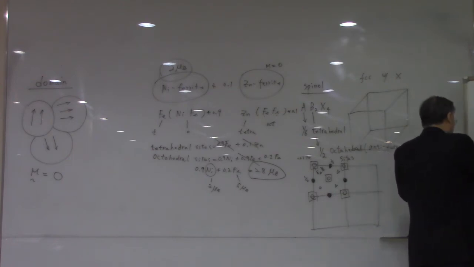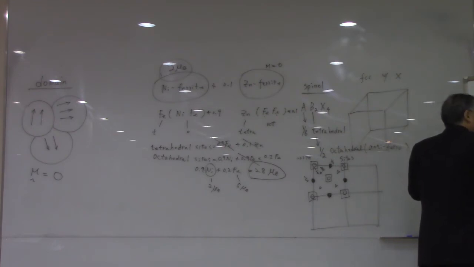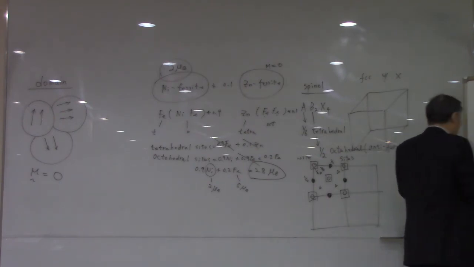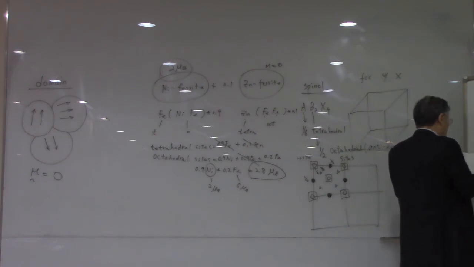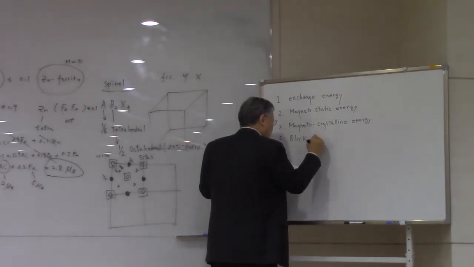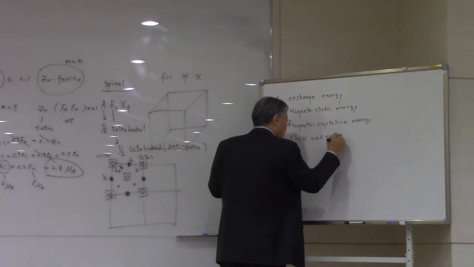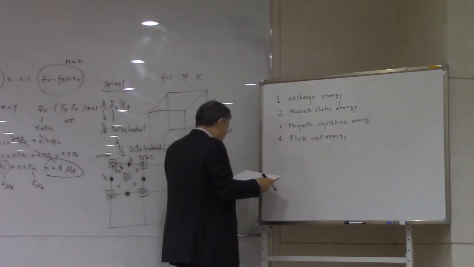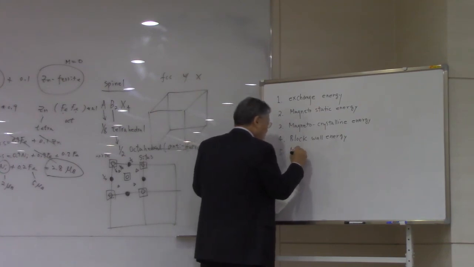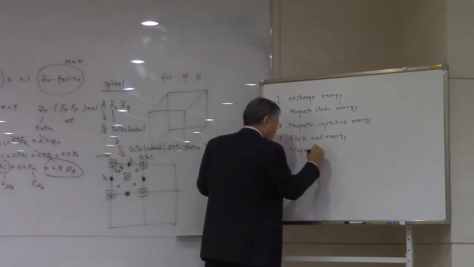And then magnetocrystalline energy. And block wall energy. And finally, we have magnetostrictive energy.